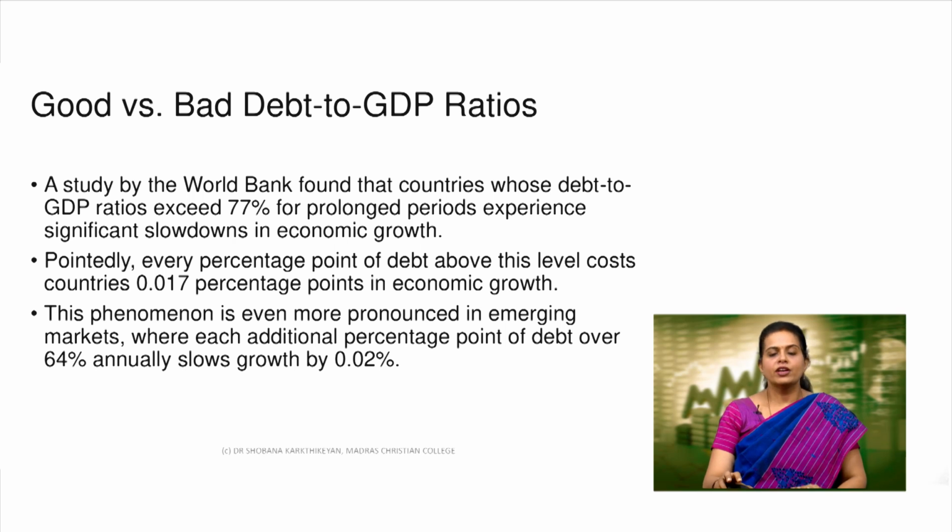So we now move on. All along we were talking about debt to GDP ratio. Now we understand the burden of external debt, which is typically measured by the debt service ratio.